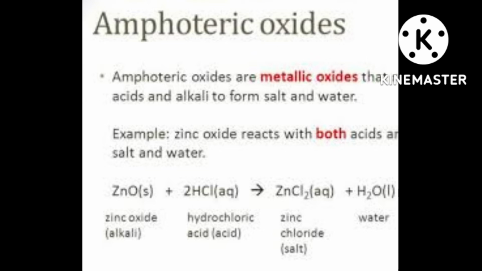Means they can have 3s, 3p, 3d, like that. 3s means s is 1 orbital, 3p means 3 orbitals, d means 5, so 9 orbitals.